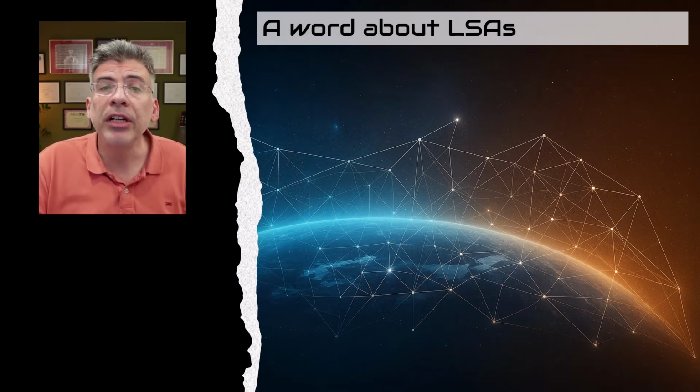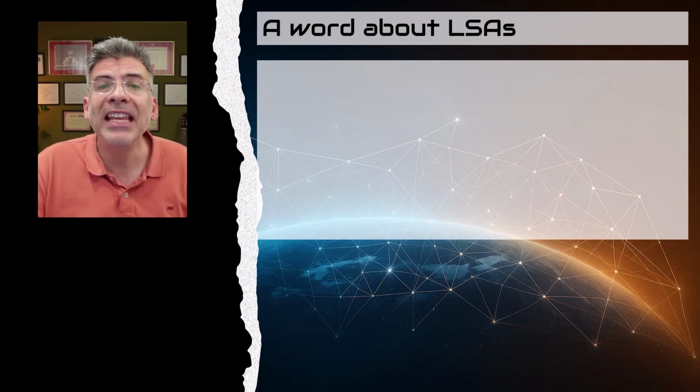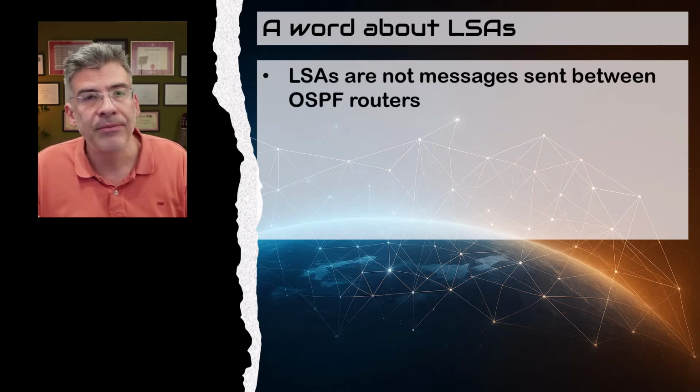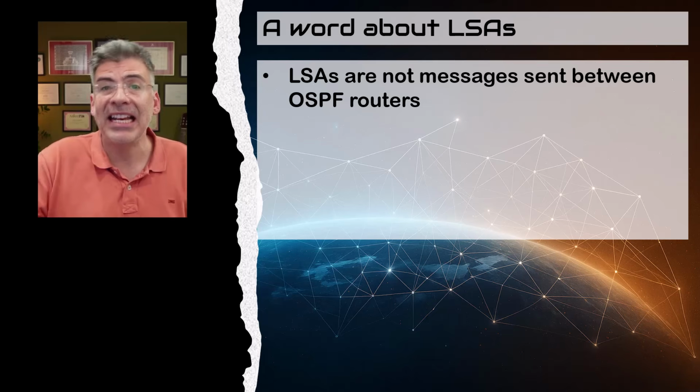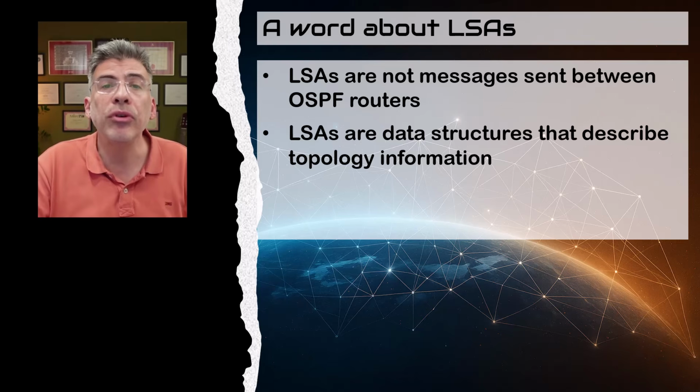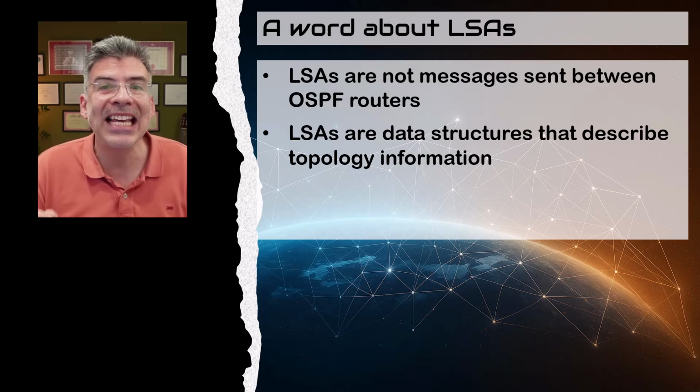Now, one final word I'd like to mention here. We often think about LSAs as messages sent between OSPF routers, but that's not quite accurate. LSAs, or Link State Advertisements, are data structures that describe topology information, such as a router's interfaces, network prefixes, or external routes. LSAs are not the same as link state updates or LSU packets.